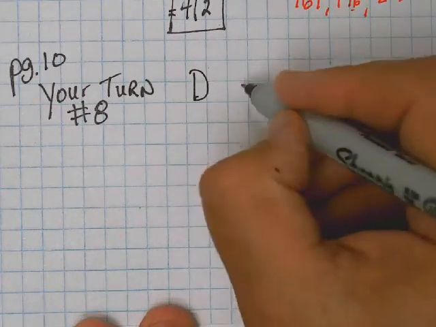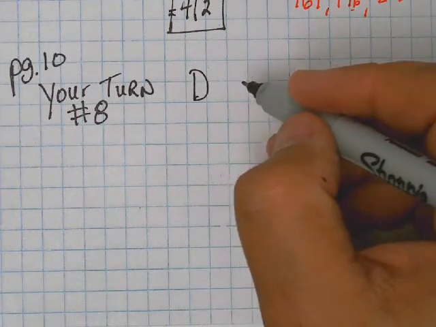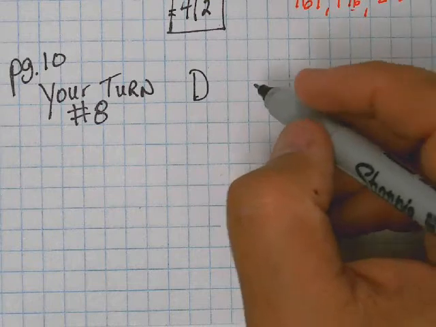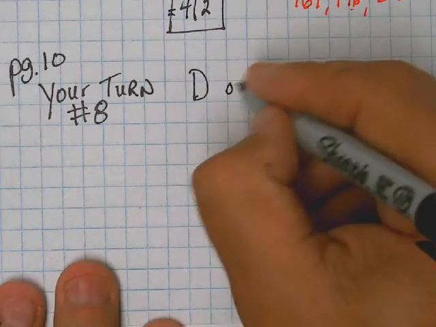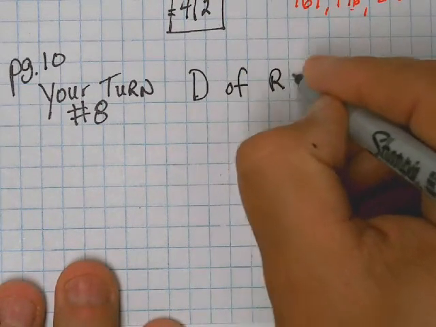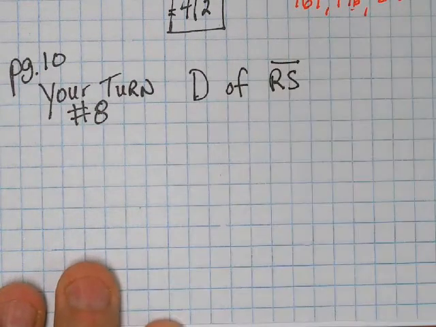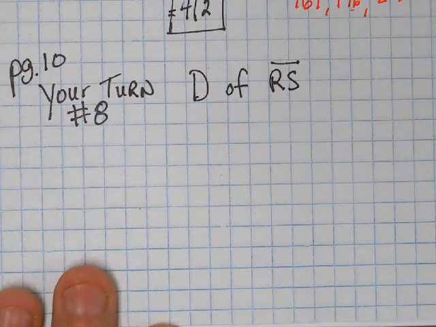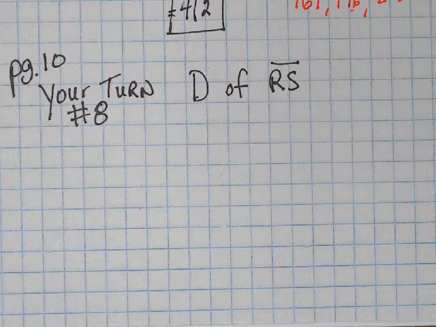The distance of RS. Does everyone see the problem in the book? Yes. There's an extra one over there. Don't write in it. The distance of RS.